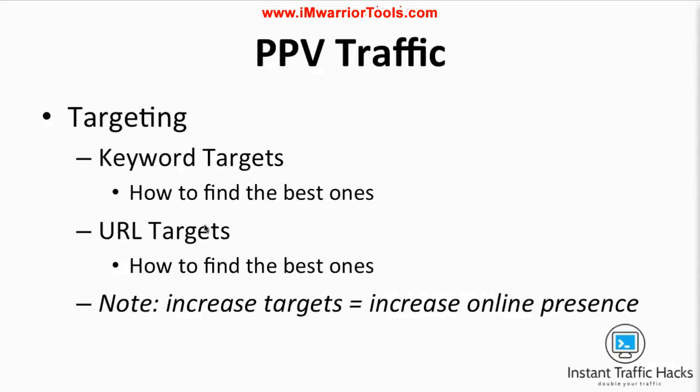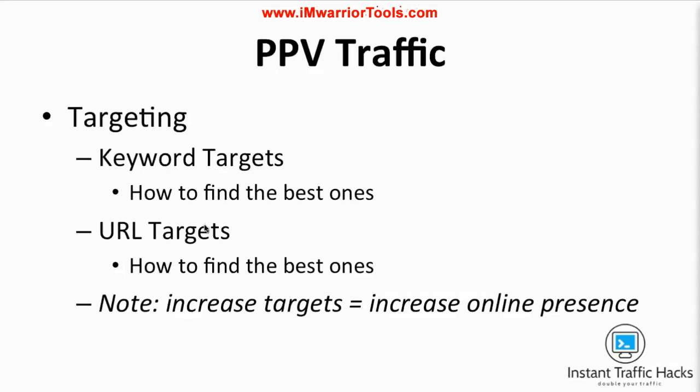The URL targets, you go out and you find your competitors, the ones that you think are going to have the best traffic, the best targeted audience relevant to you. You're going to go out and find those competitors, and you're going to actually target their URLs.